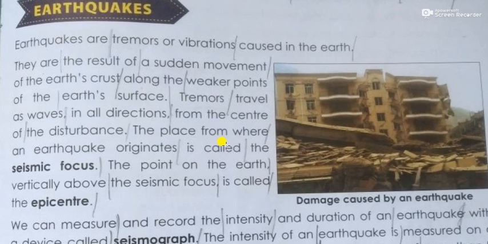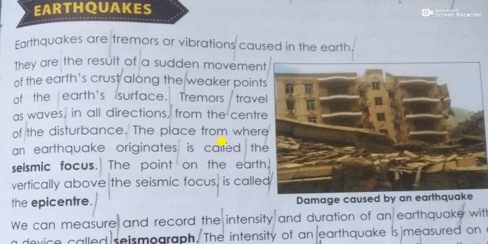Epicenter. So an earthquake is a kind of vibration caused in the earth, the result of a sudden crust movement taking place from the weaker points of the earth's surface. That is called an earthquake.